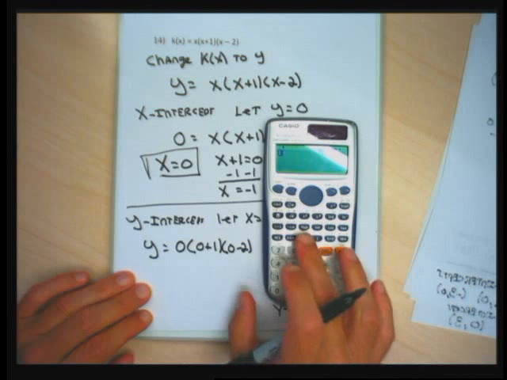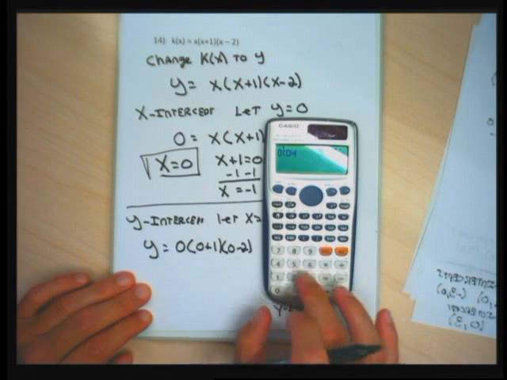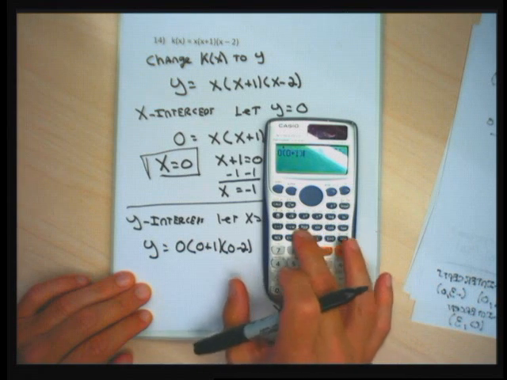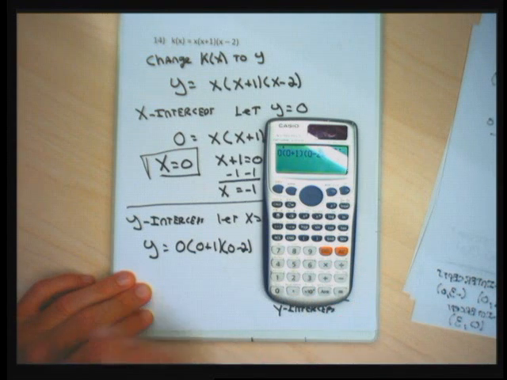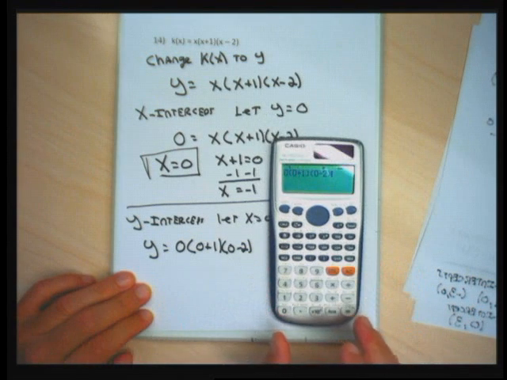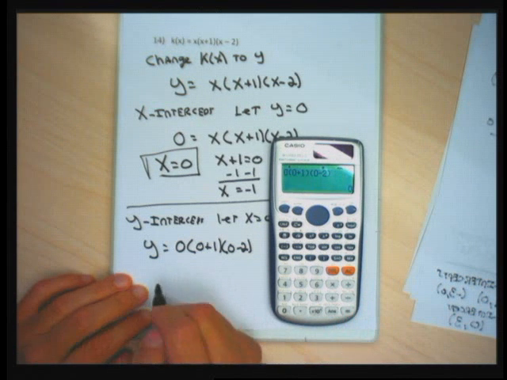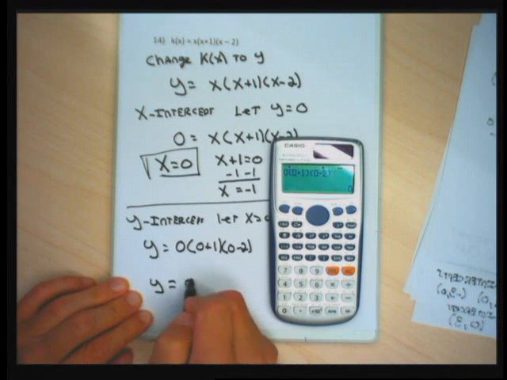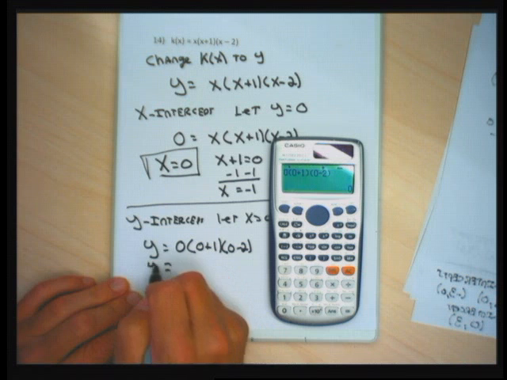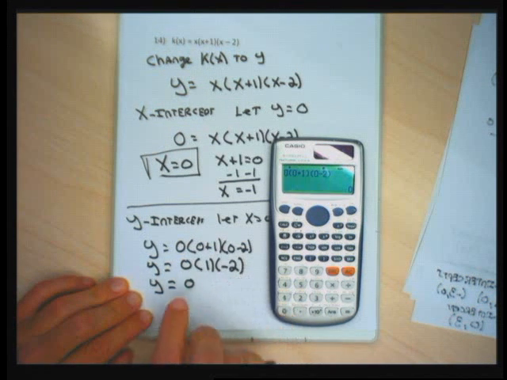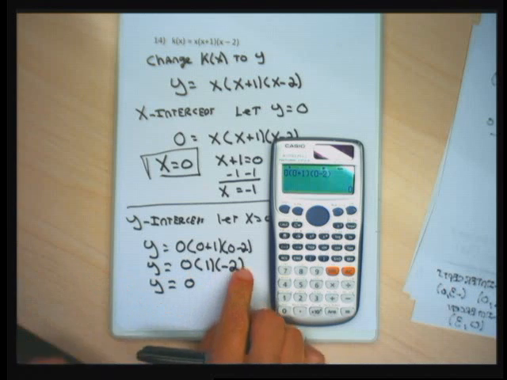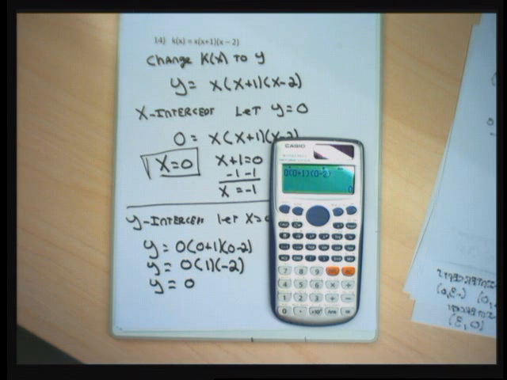I'm going to go 0 times 0 plus 1 times 0 minus 2. My calculator is not going to be fooled by this. So there's the problem on my calculator. When I hit enter, I get 0. Because this is, by hand, 0 times 1 times -2. And if 0 is in any multiplication string, the whole result is going to be 0.